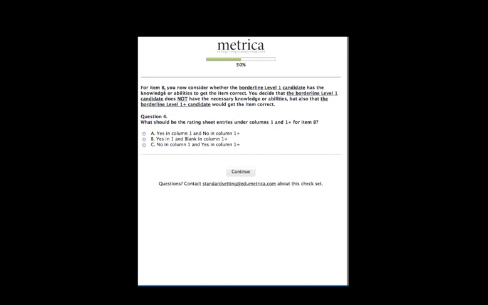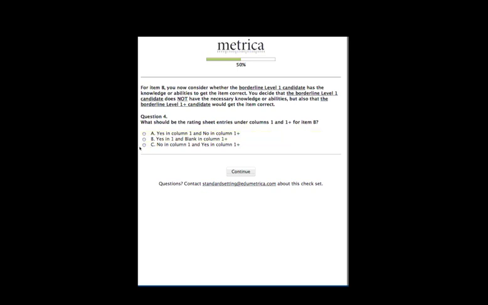For the same item, B, you're now considering the borderline level 1 candidate and also the borderline level 1+ candidate. If you read the situation up here, what it's telling you is that you have decided that the borderline level 1 candidate does not have the necessary knowledge and skills, but the borderline level 1+ candidate does, in order to answer the item correct.